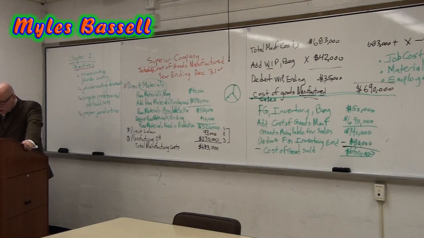The company uses a job order costing system and computes a predetermined overhead rate in each department. The cutting department bases its rate on machine hours, and the finishing department bases its rate on direct labor costs.